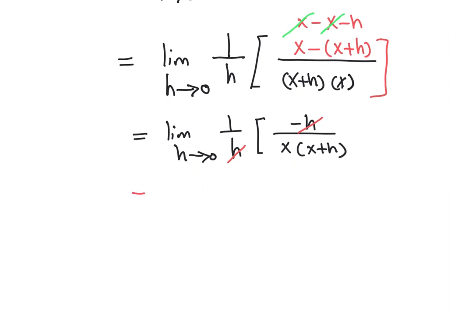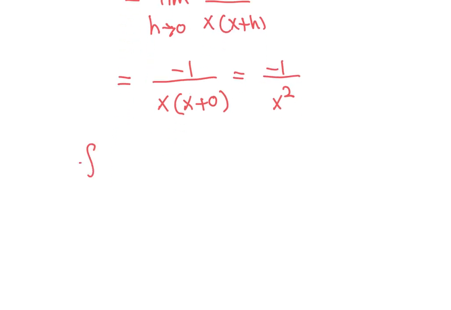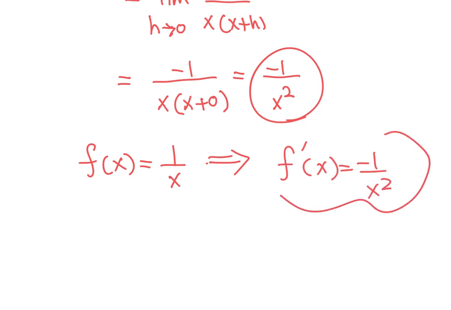So it equals the limit of 1 times negative 1, so it's minus 1 over x times x plus h as h goes to 0, which equals minus 1 over x times x plus 0 because h goes to 0, which equals minus 1 over x squared. So if f of x equals 1 over x, as you see, the derivative equals minus 1 over x squared.